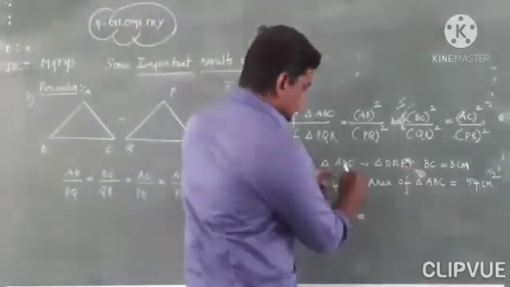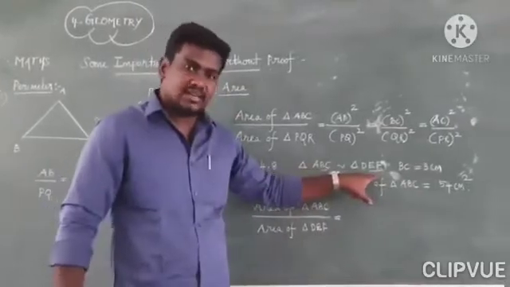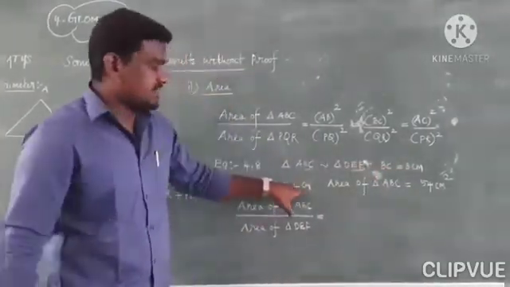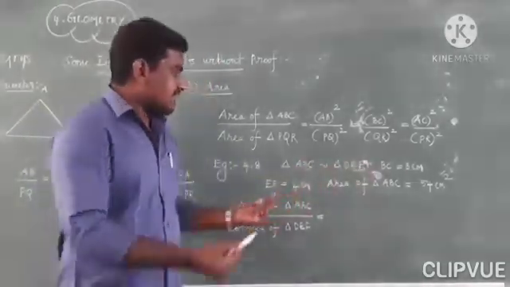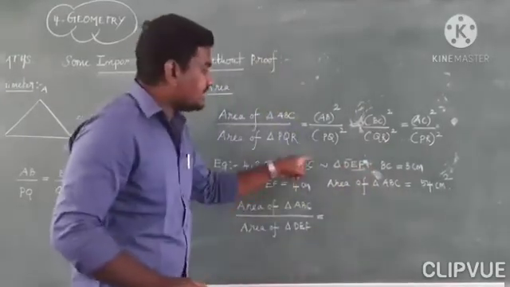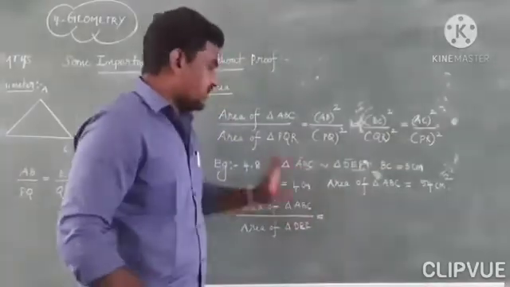Let's verify this: BC corresponds to EF, given clearly. So BC is equal to 3 cm and EF is equal to 4 cm, given. Instead of BC and EF, they can give AB and DE or AC and DF. Okay, but here BC and EF are given.